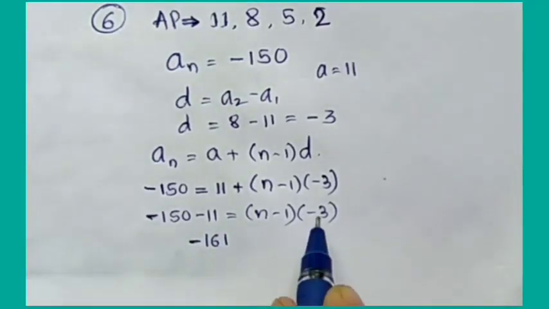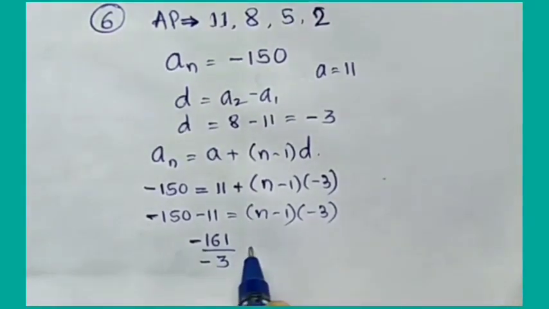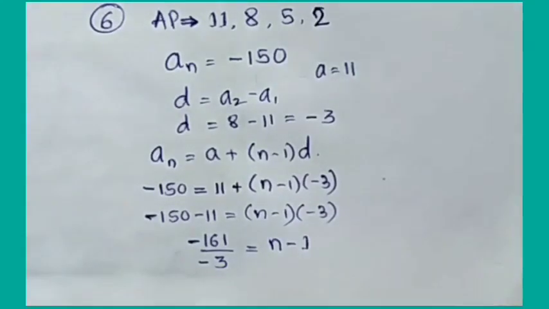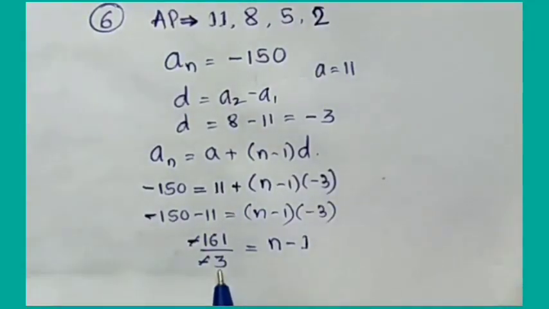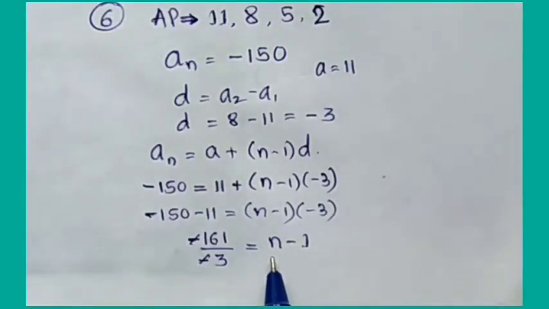If I take minus 3 to this side, it becomes division: minus 161 by minus 3 equal to n minus 1. Here minus minus gets cancelled, but 161 is not perfectly divisible by 3. So you will get a decimal form, and n should always be a whole number.